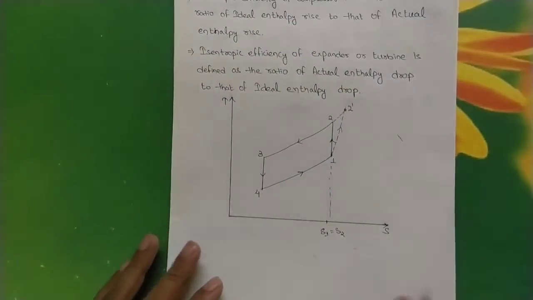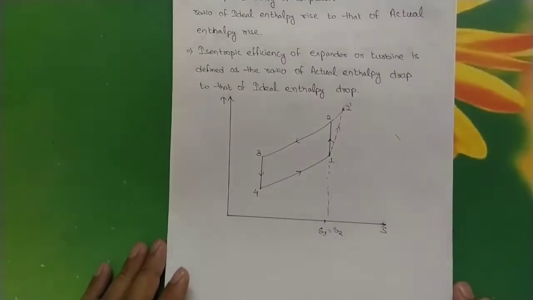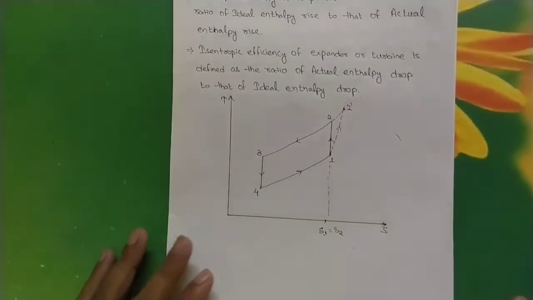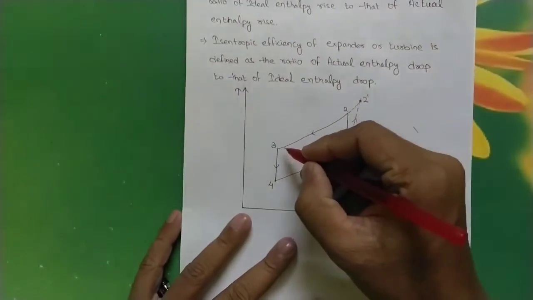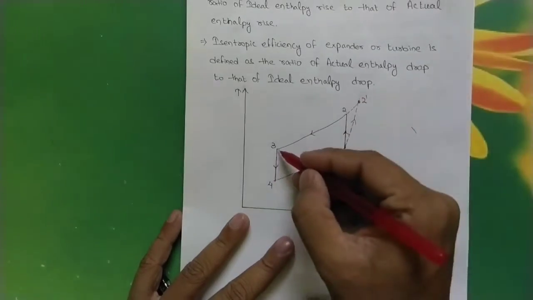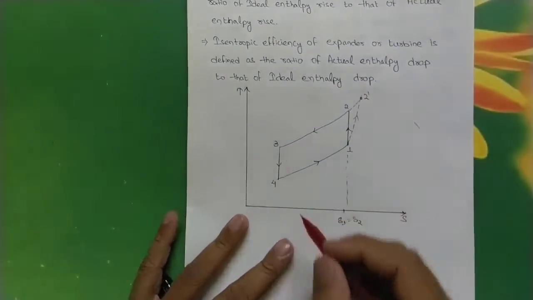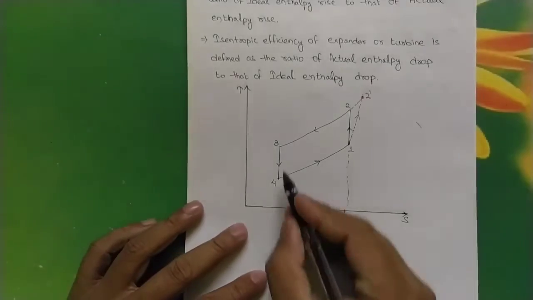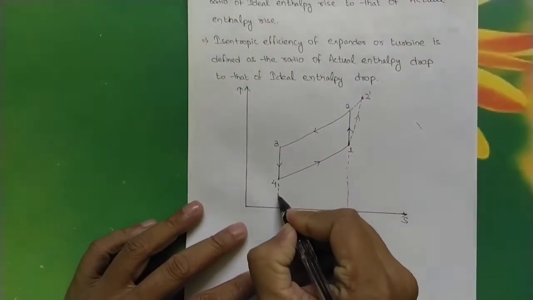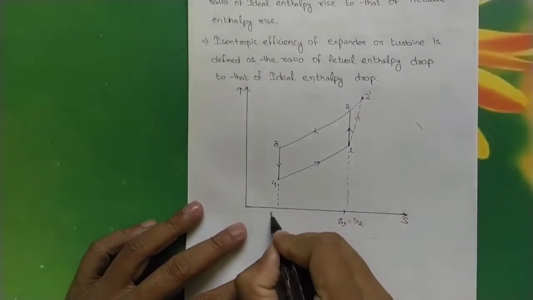Similarly, isentropic efficiency of expander or turbine is defined as the ratio of actual enthalpy drop to that of the ideal enthalpy drop. Similarly, the expander has also some frictional losses. This expander process is also isentropic.